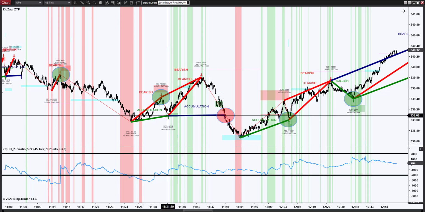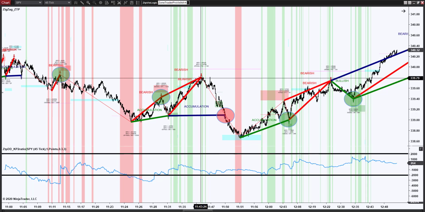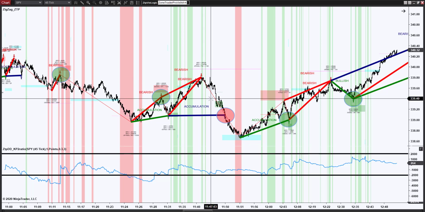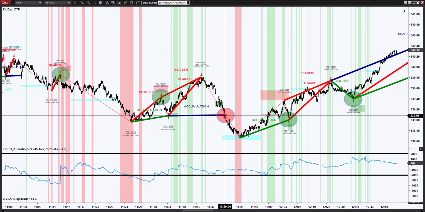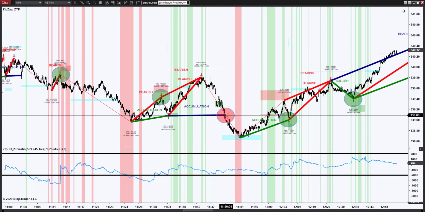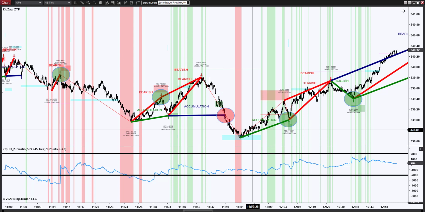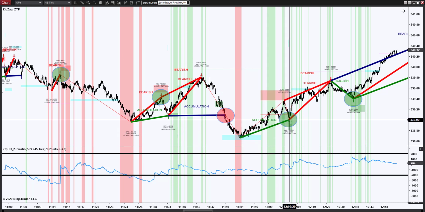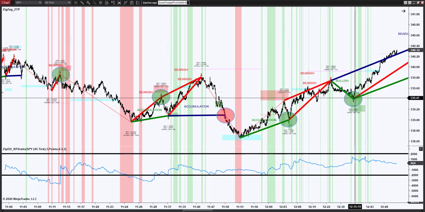So this would not have been counted, and neither would have been the short trade from here. However, here we see an accumulation trade which went for a loss, and then we continued with the green background, and we saw a win here and a win here.